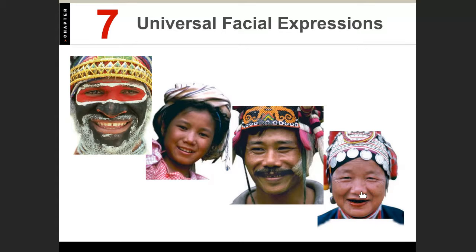And you see it in all of these people's faces. But you can also see that there's a difference in how appropriate it is to express the emotion, or how demonstrative you should be in expressing your emotion. So you see that this person, her smile is not as big or as pronounced as this person's smile is. And so in different cultures, our display rules are very different about how we should go about expressing our emotions.